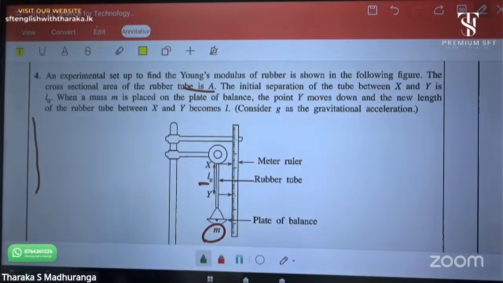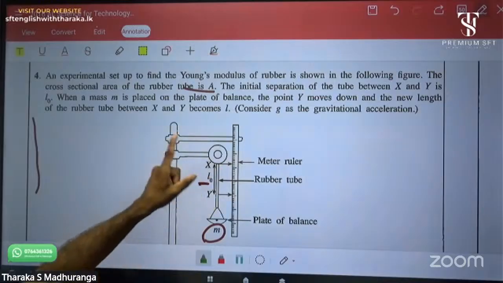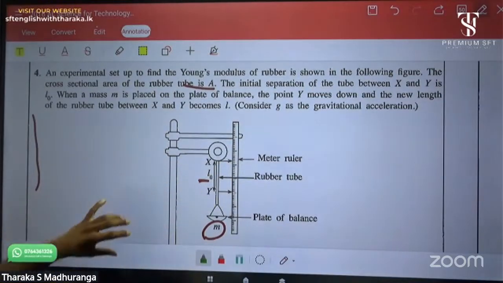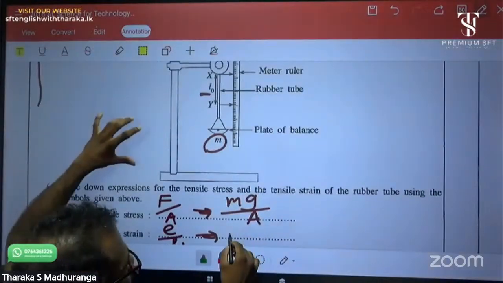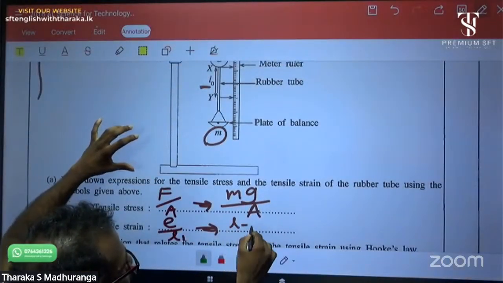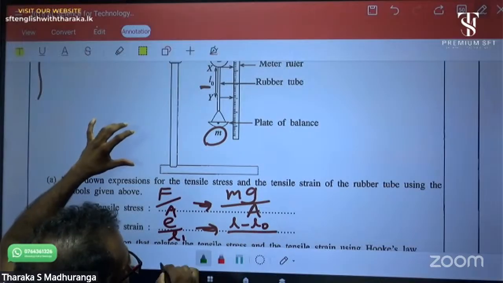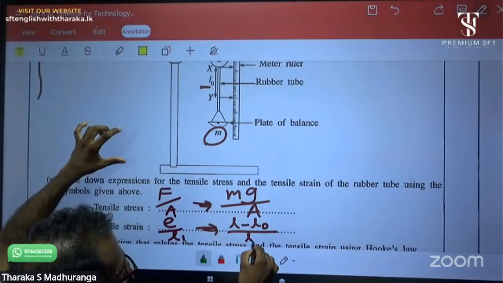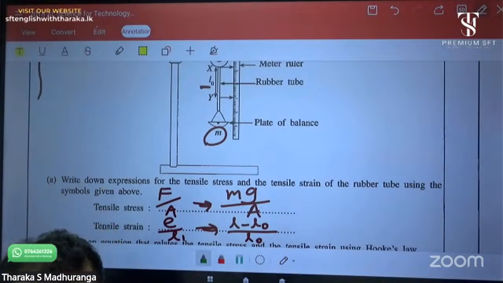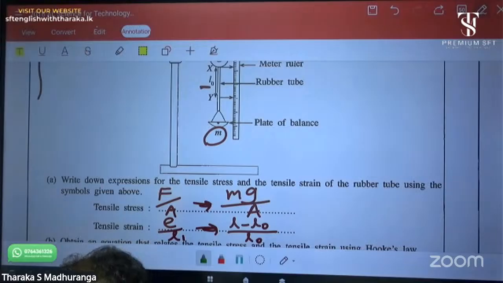Initial length L naught. The new length becomes L, that means the final length. Then extension equals L minus L naught, divided by the initial length L naught. Clear? L minus L naught divide by L naught.